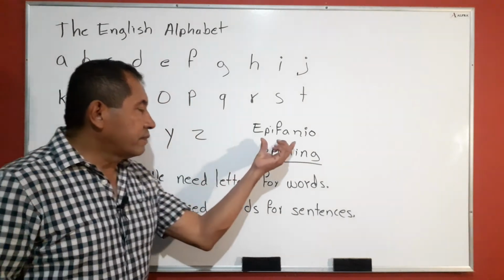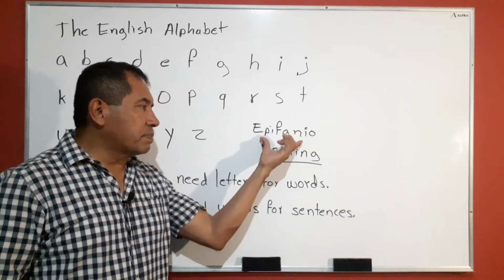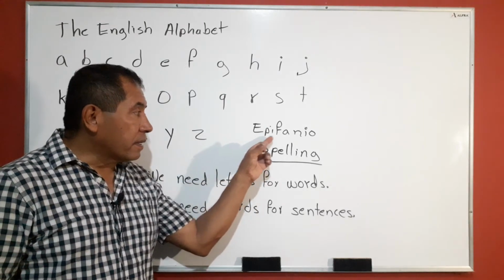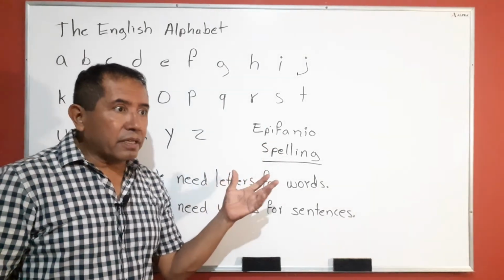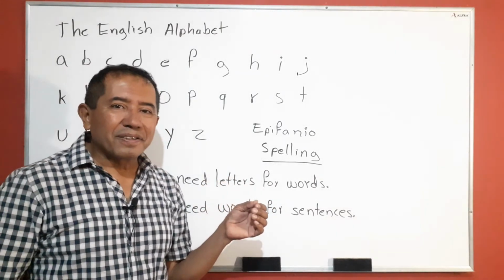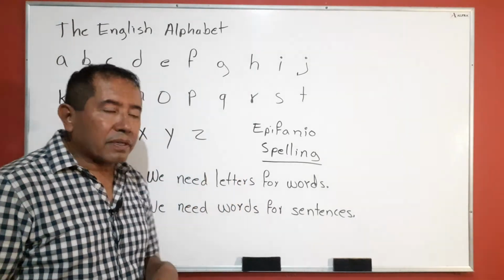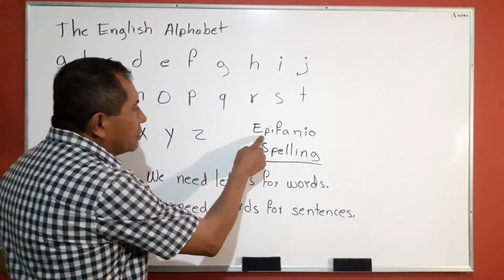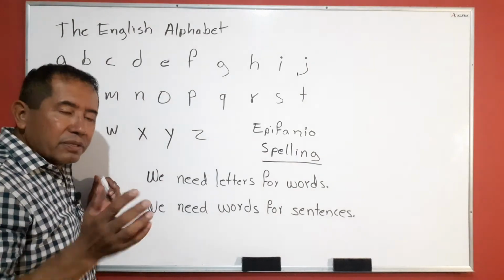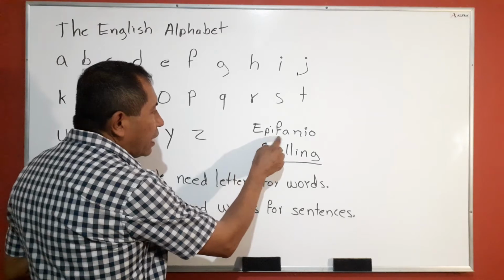But for a person that doesn't speak Spanish, even for people who speak Spanish, Epifanio is a name that they sometimes don't understand. They say, what? So they say, could you please spell it? Sure, of course. Epifanio. And that's the way you have to spell your name.